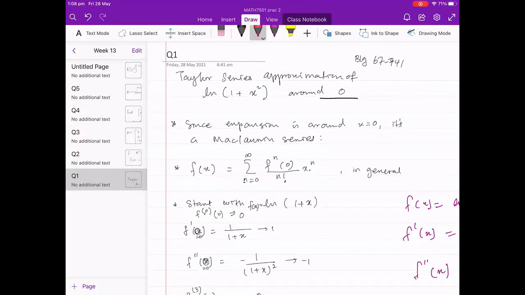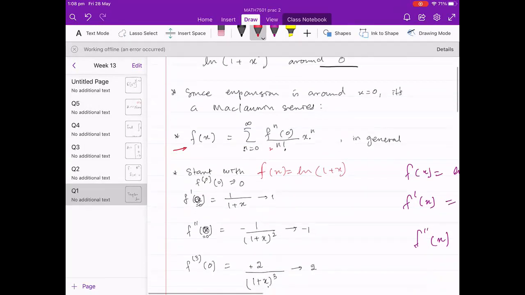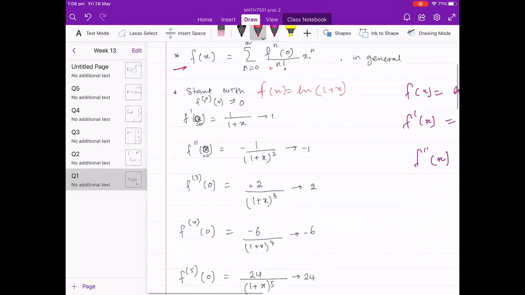And the formula for the Maclaurin series is this one here. At first, I considered f(x) equals ln(1 plus x). Then the first derivative is 1 over 1 plus x, evaluated at x equals 0, which is 1.